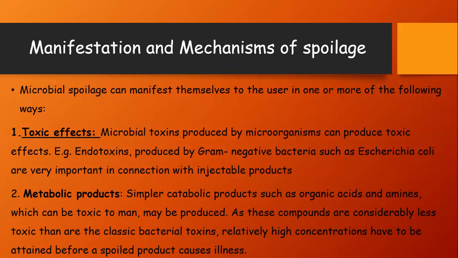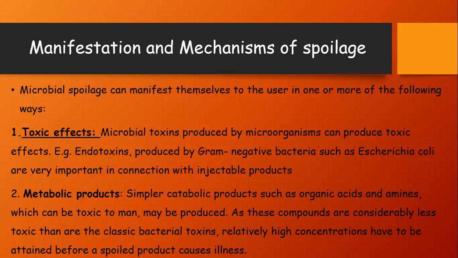So in the process of their growth, they carry out metabolic processes and they release products. These products are toxic. They are different from production of toxins, because toxins are endotoxins and exotoxins, but metabolic products are products of microbial activity. An example, like I said, is organic acids, which are naturally toxic to man.